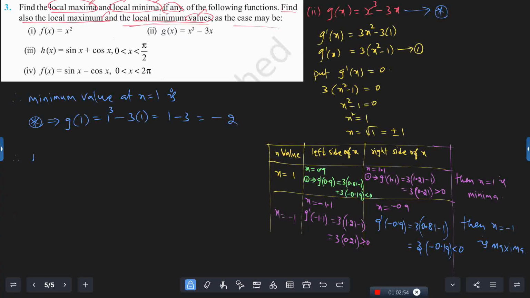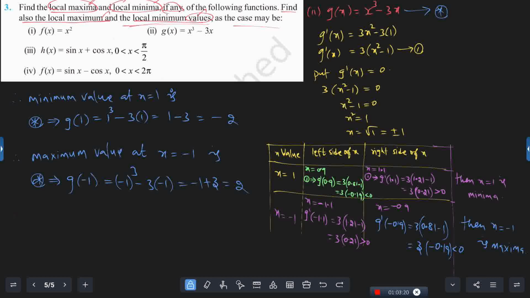Therefore, the maximum value at x equal to minus 1: g of minus 1 equals minus 1 whole cube minus 3 into minus 1, which is minus 1 plus 3, equal to plus 2.